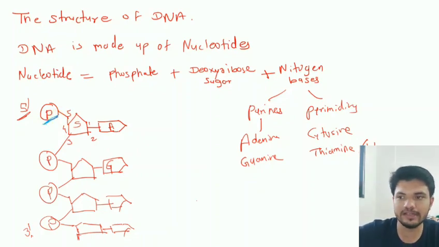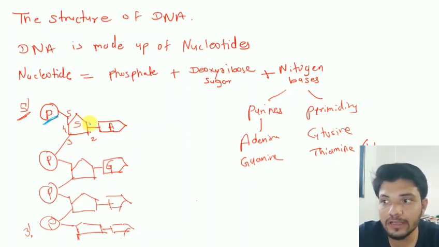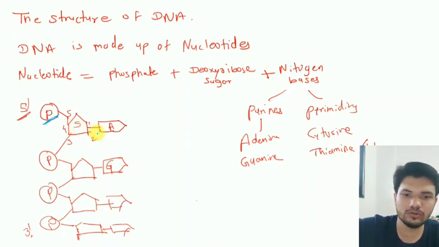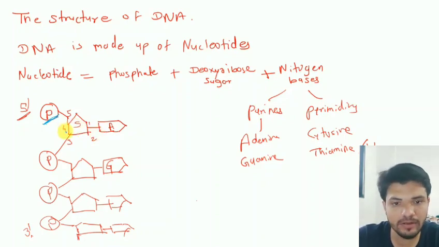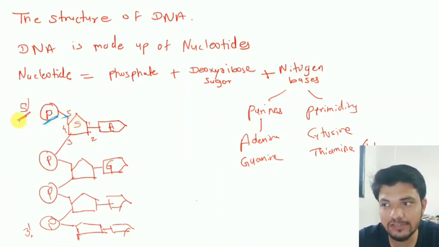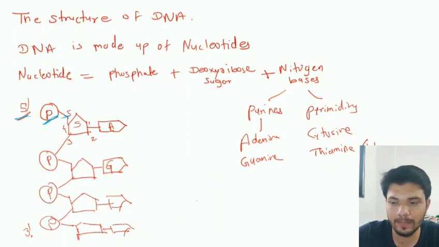Let's say many nucleotides are present, but this is the last nucleotide of the DNA, and its phosphate is not attached to the next nucleotide, so this phosphate is free and attached to the fifth carbon of the sugar. That's why this end is known as the 5' end of the DNA.